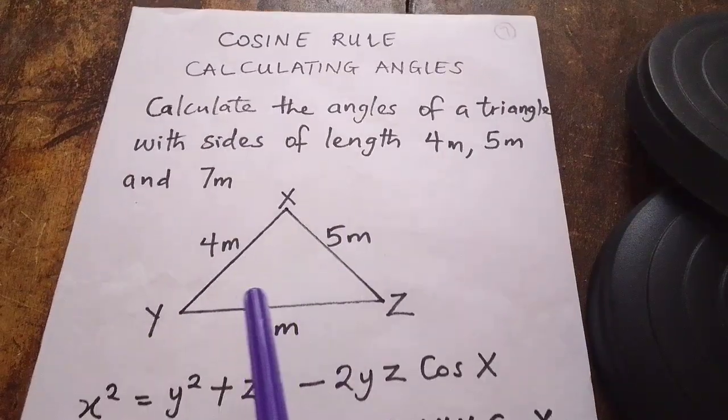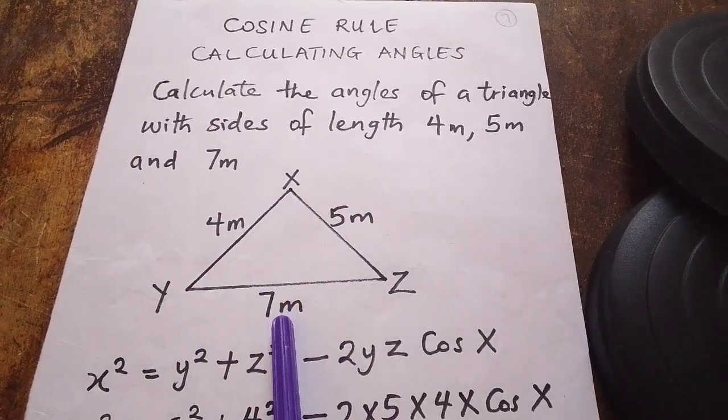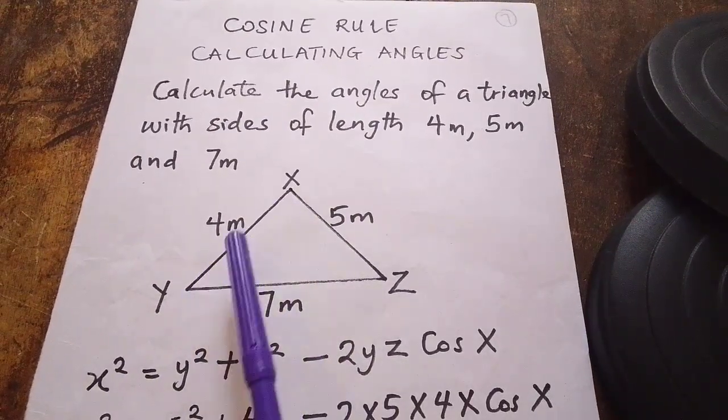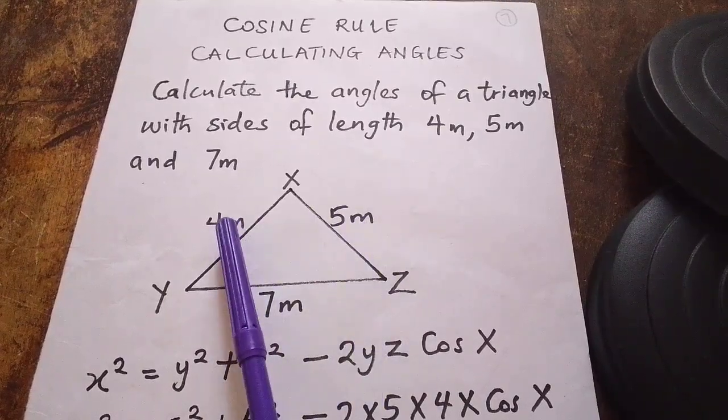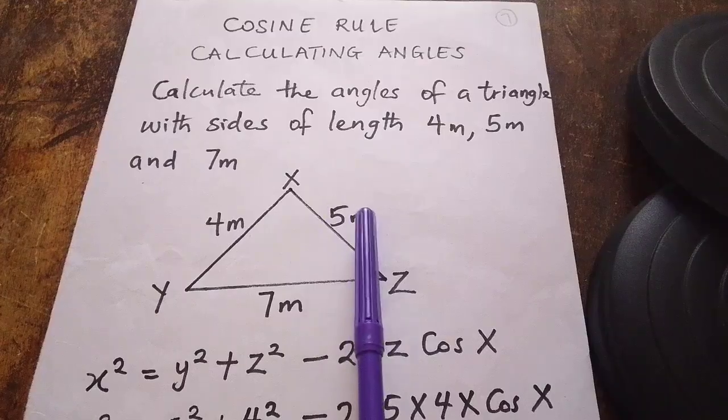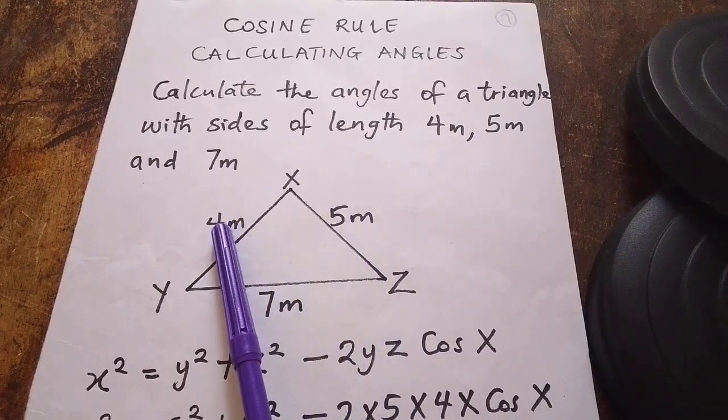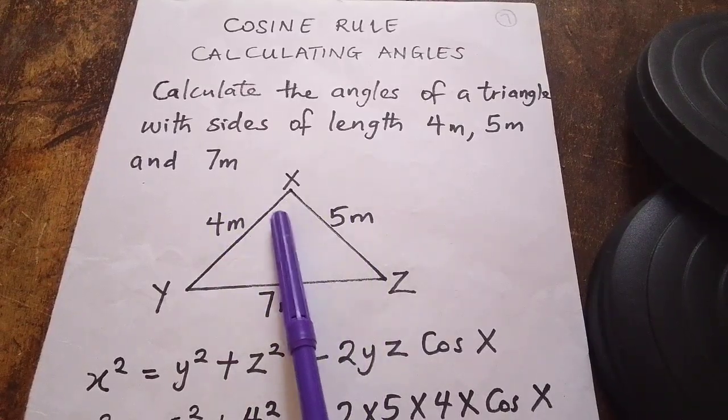So x squared should be equal to y squared plus z squared minus 2 times y times z, then cos x.